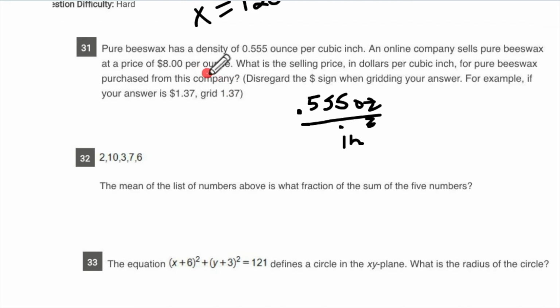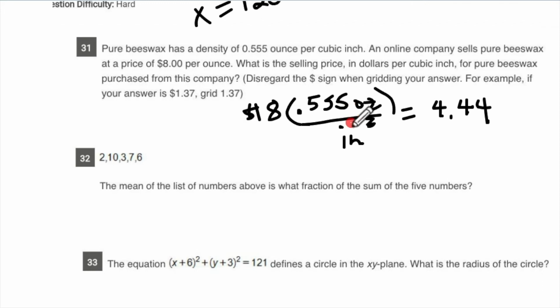So this one is $8 per ounce. And so all you need to do is take it times the ounces, take it times 8, and you're going to get 4.44, and then it would be dollars per cubic inch, because they wanted to know the dollars per cubic inch, and these are the dollars right here.